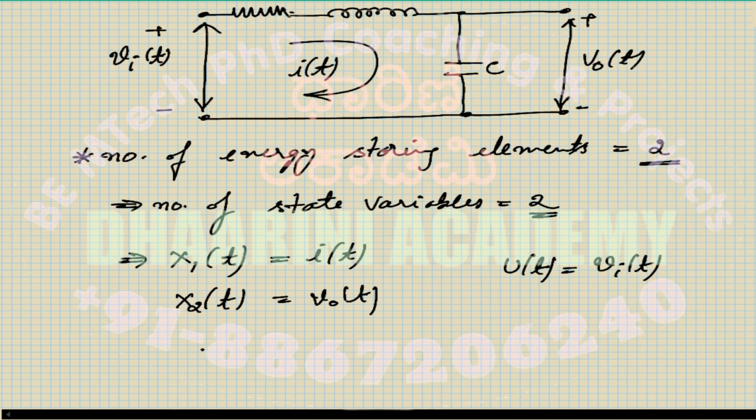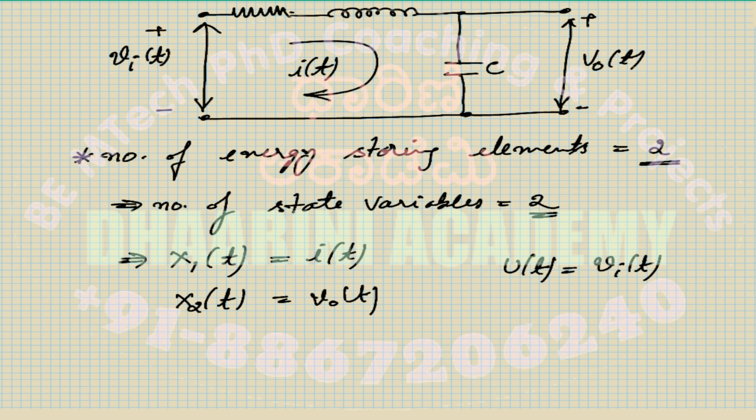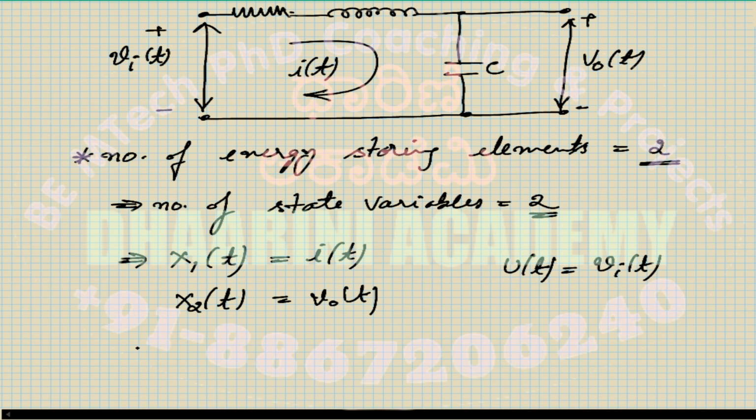So the best way to write an equation for I of t is, as we can see, I of t is the current in the first loop. Any equation that you can write relating to a loop is valid. So the best suitable equation is a KVL. There is only one loop, right? So apply that.